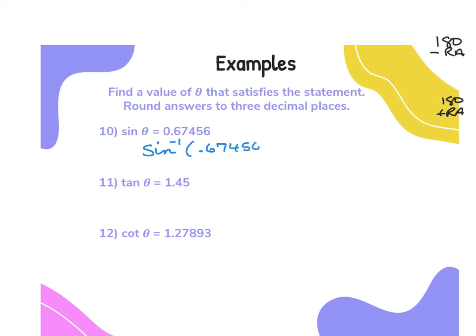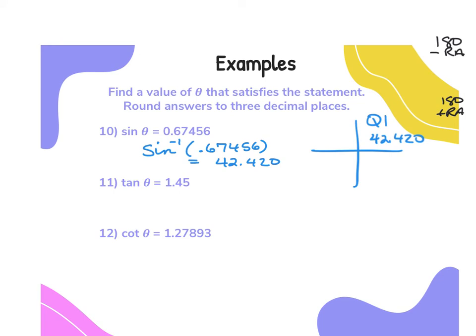We're going to hit enter, and this is going to give us 42.420 rounded to 3 decimal places. This is the reference angle. So this is the angle measure that sits in quadrant 1. Remember, the angles in quadrant 1 go from 0 to 89, or 1 to 89.